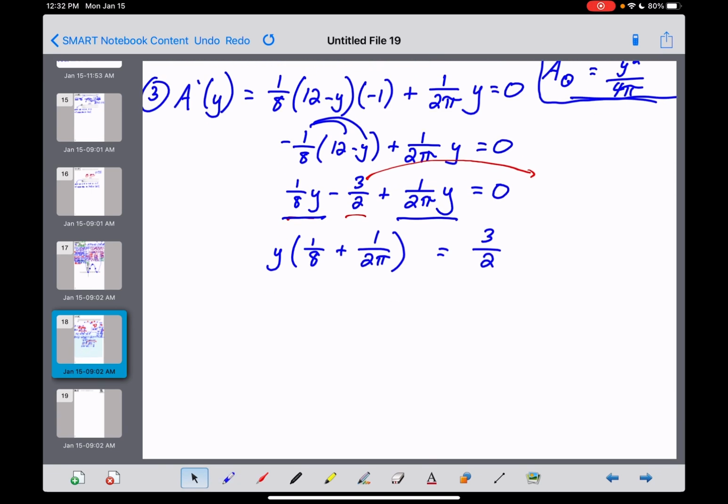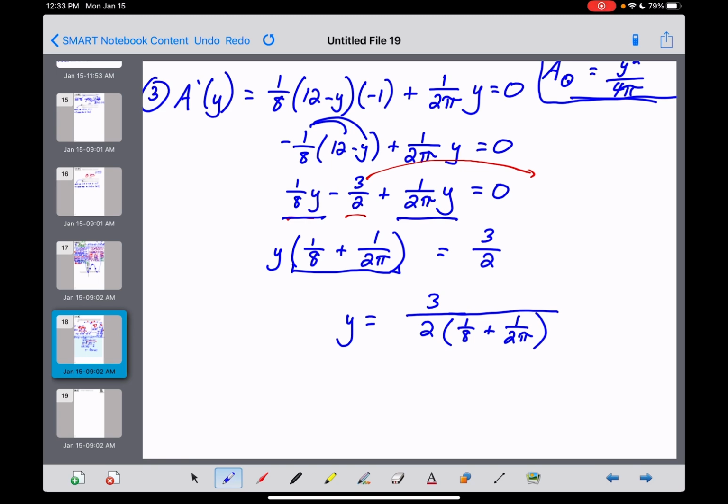Ooh, so we're about to get a weird expression right here. y then is going to equal 3/2, divided by this quantity right over here. So that's like a 3/2, and I'm going to put that on the bottom now of a 1/8 plus 1 over 2 pi. That is a really horrible expression right there.